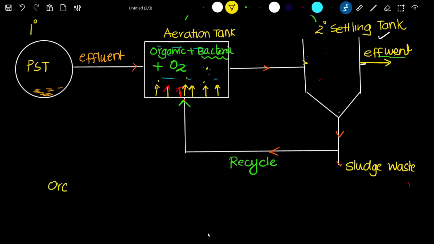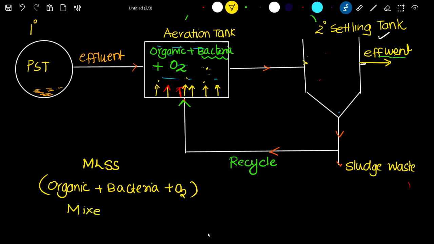Now the mixture of this organic matter plus bacteria plus oxygen is together called MLSS. MLSS stands for mixed liquor suspended solids. So it is simply the mixture of organic matter plus the bacteria plus oxygen. That is what you call mixed liquor suspended solids.